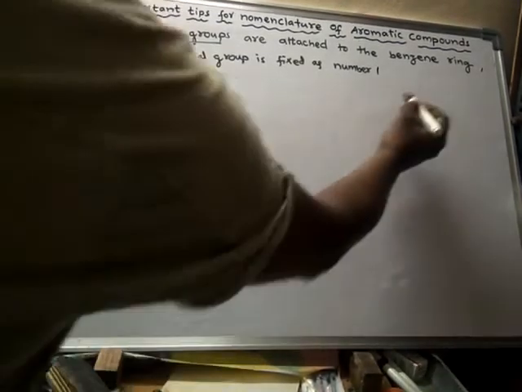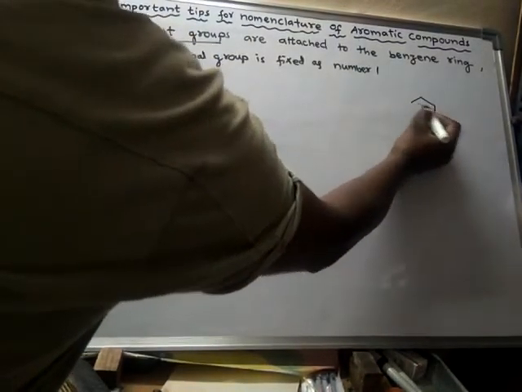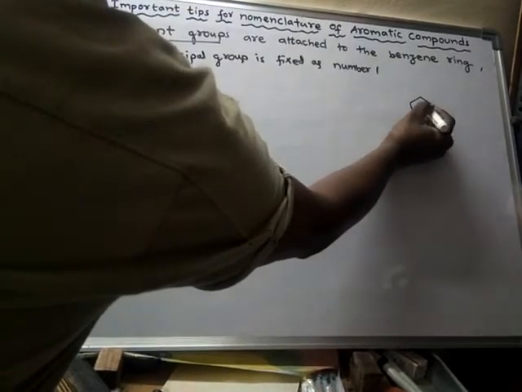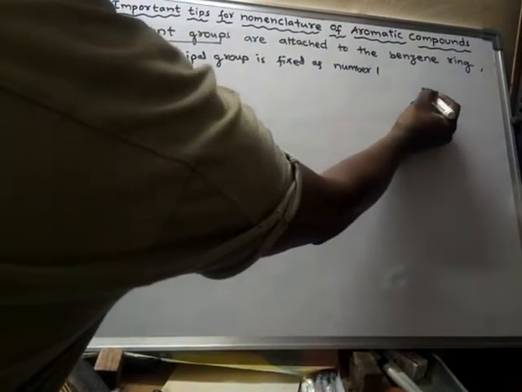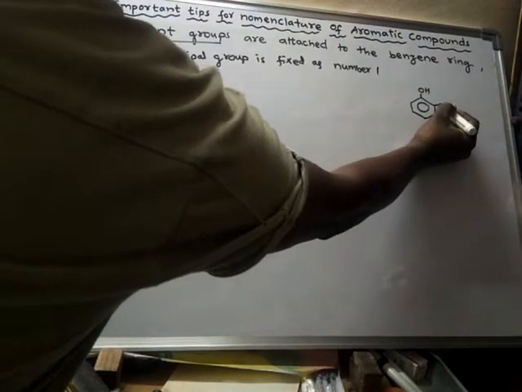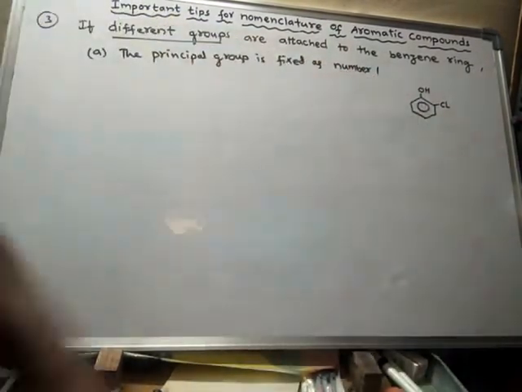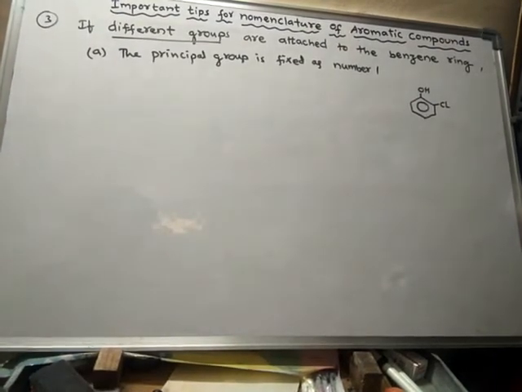For example, this is the compound. So OH is present, Cl is present. Out of these two, which one is the principal group, that means the main functional group? OH is the main functional group, and chlorine never acts as a main functional group.